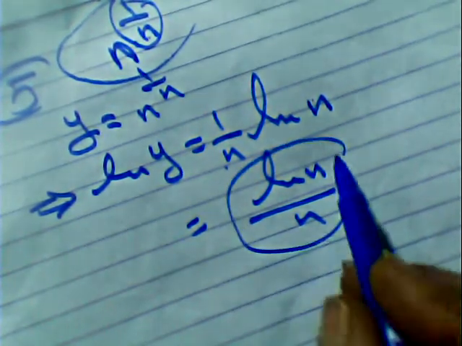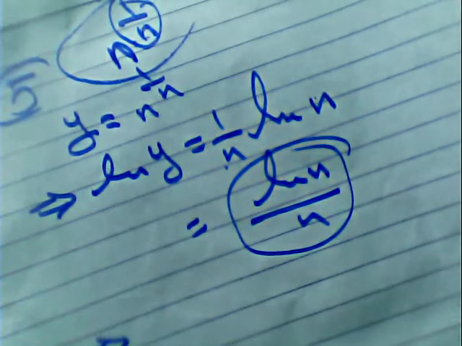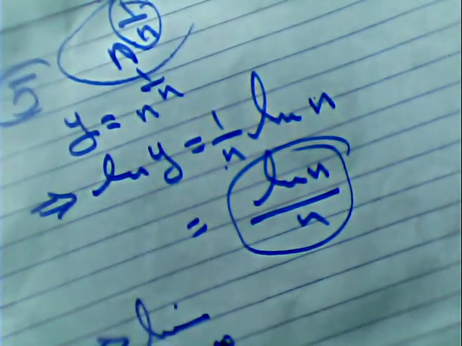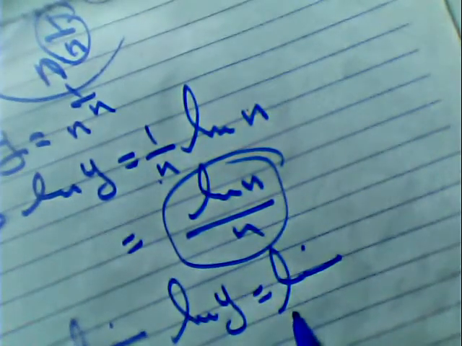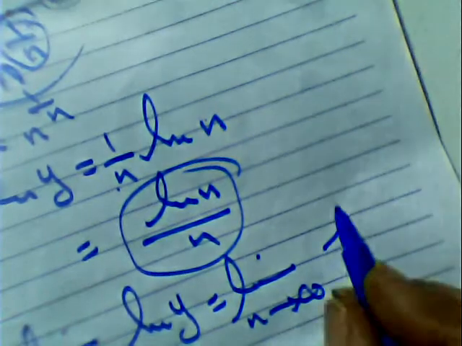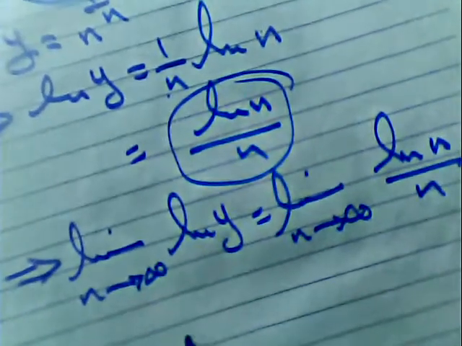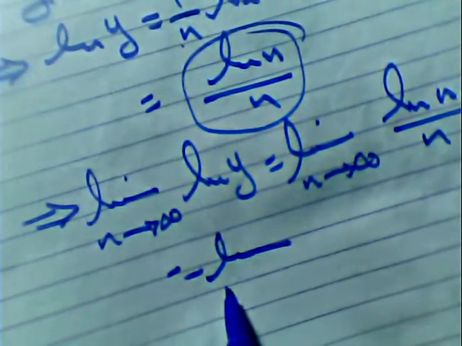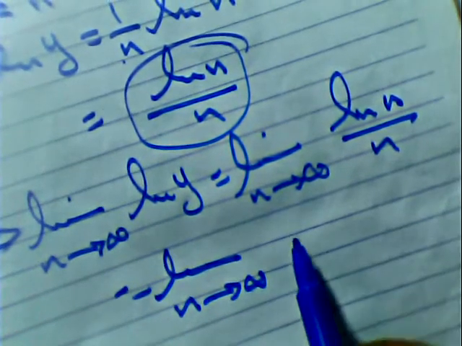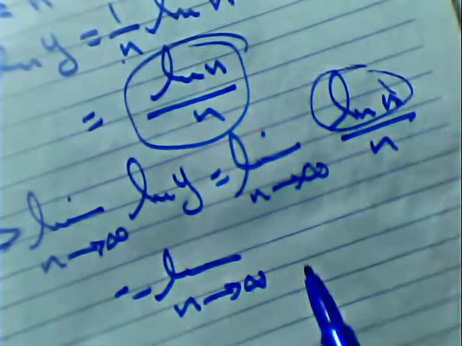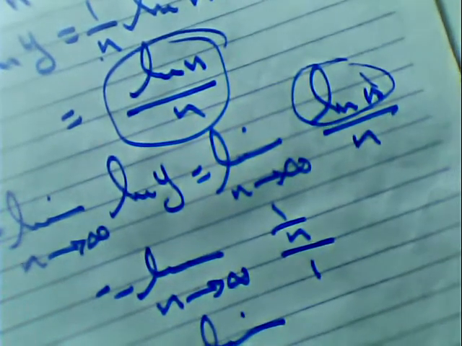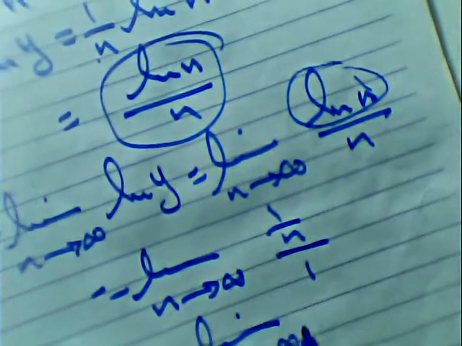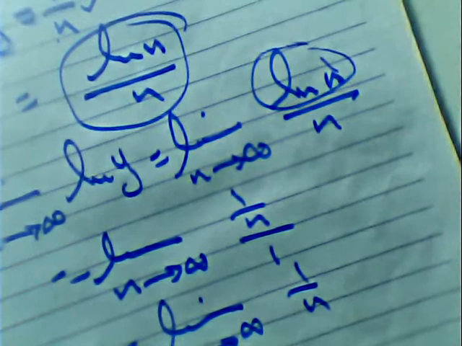Now we need this limit. The limit as n goes to infinity of ln y equals the limit of ln n over n, which by differentiating equals the limit of 1 over n over 1, so the limit as n goes to infinity of 1 over n equals 1 over infinity, which equals 0.